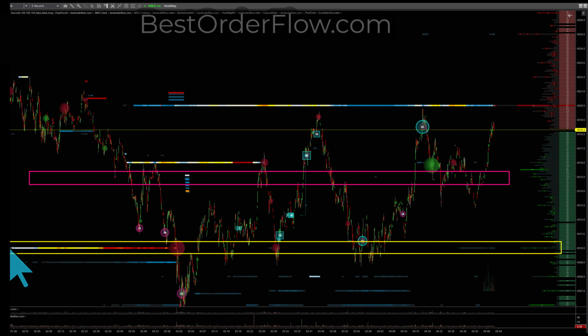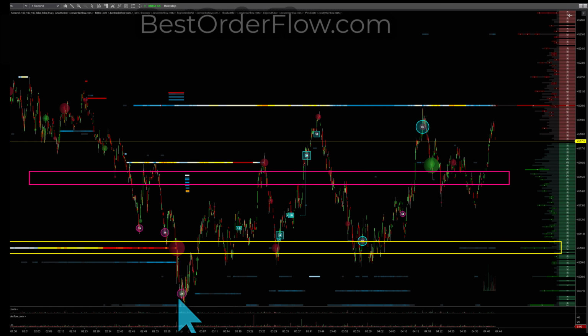Now, we're seeing that price went through this liquidity. After the price dove under this liquidity level, the price went up and tested it again, the second time. This is the third time retesting that liquidity.